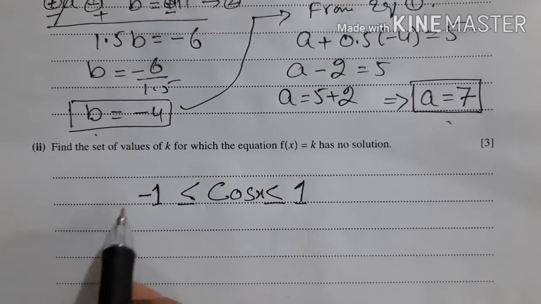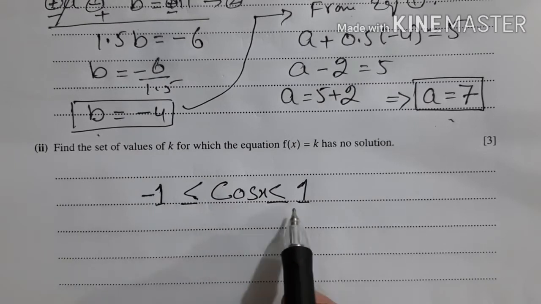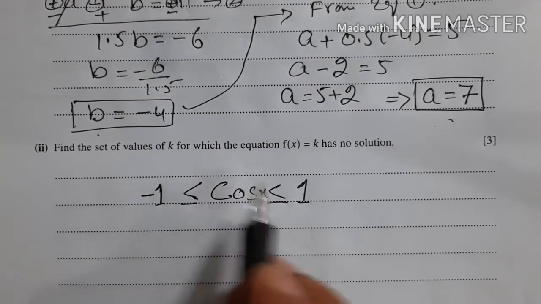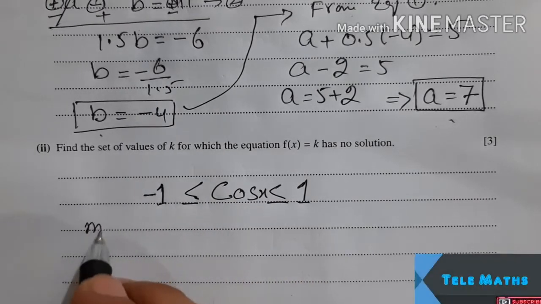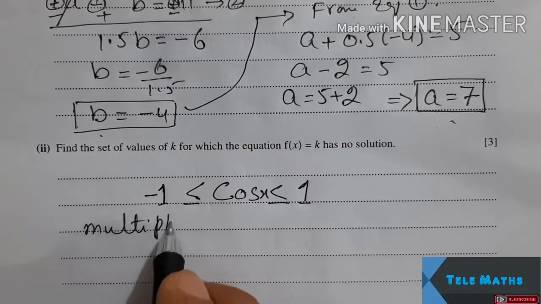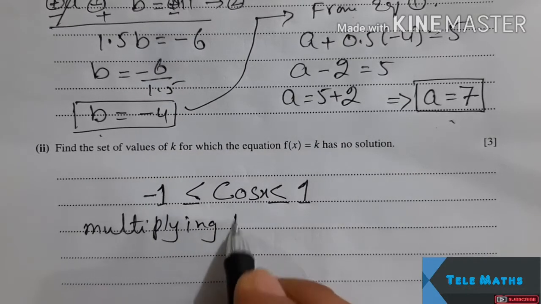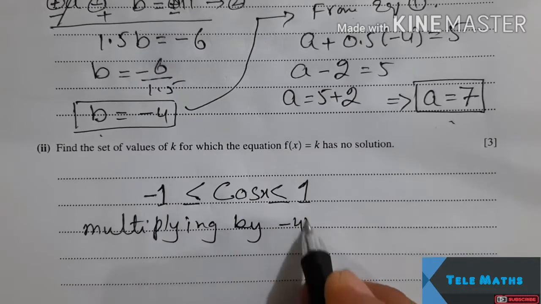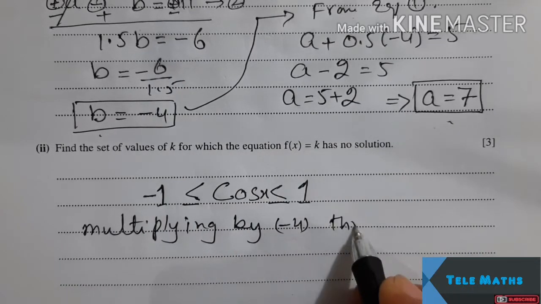So first of all, I'll multiply by minus 4 throughout.